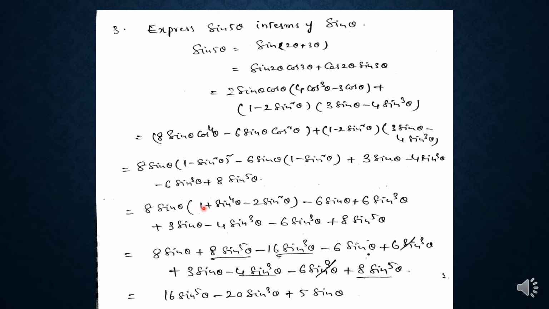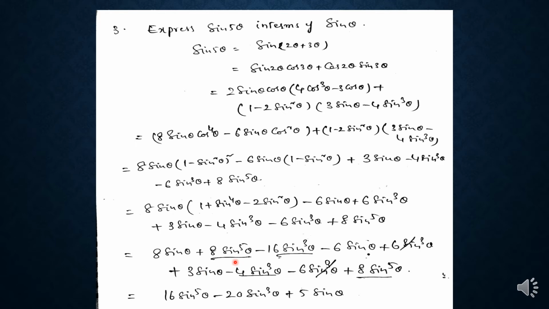Again simplifying, 8 sin theta into 1 is 8 sin theta, plus 8 sin theta into sin to the power of 4 theta is 8 sin to the power of 5 theta, minus 8 sin theta into 2 sin square theta is 16 sin cube theta, minus 6 sin theta plus 6 sin cube theta plus 3 sin theta minus 4 sin cube theta minus 6 sin cube theta plus 8 sin to the power of 5 theta.